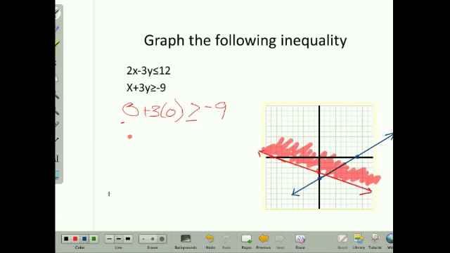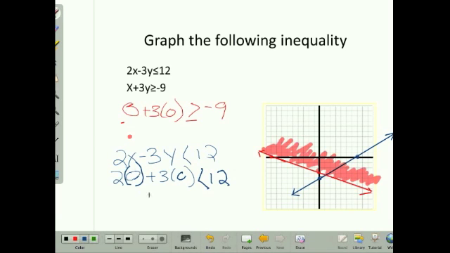And then I'm going to do 2x minus 3y is less than or equal to 12, substituting 0, 0, because I can. Is 0 minus 3 times 0 less than 12? This combines to be 0 is less than 12. Is that a true statement?